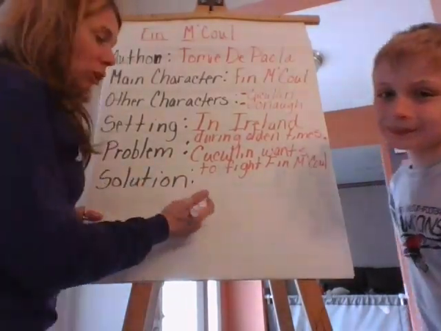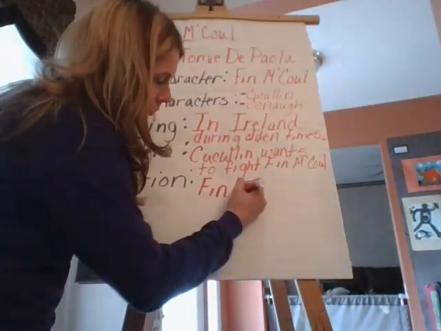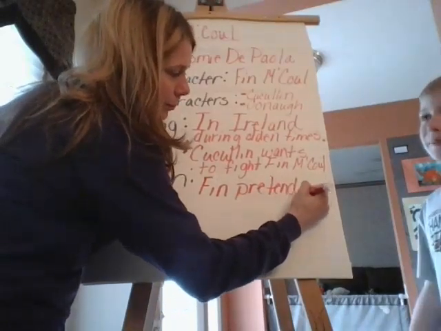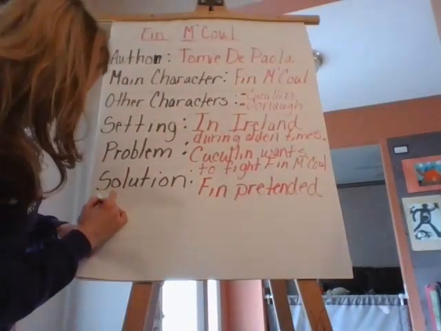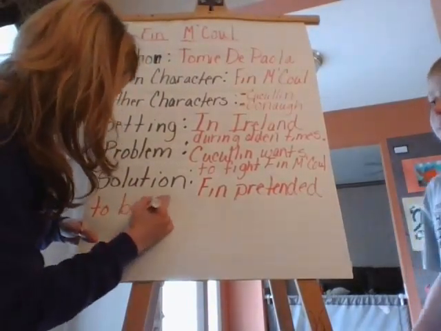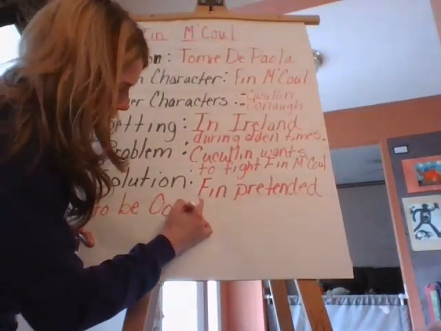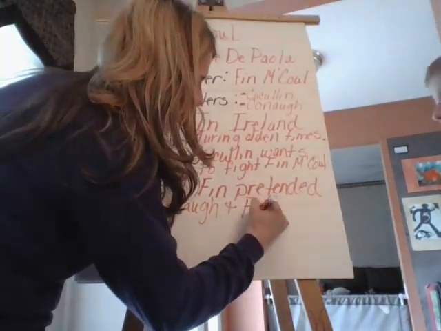So for our solution, I'm just going to put Finn pretended. Wait, Mom, it's like backwards. Facing back. It doesn't show up that way. Finn pretended to be Una's and Finn's baby.